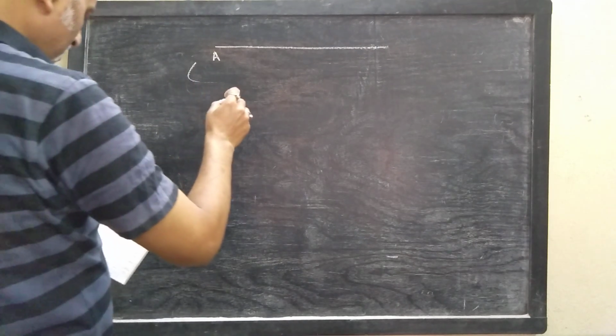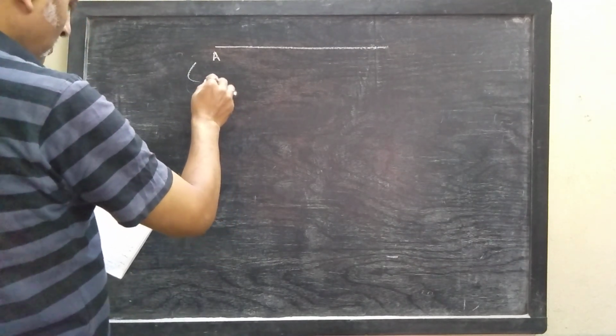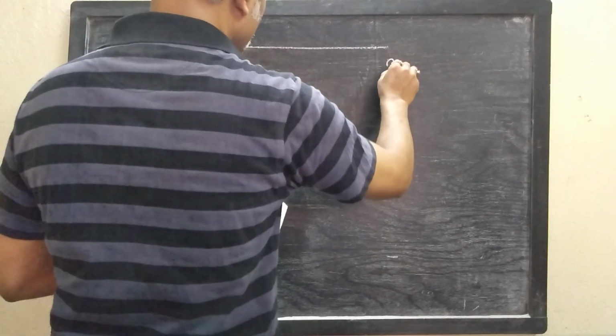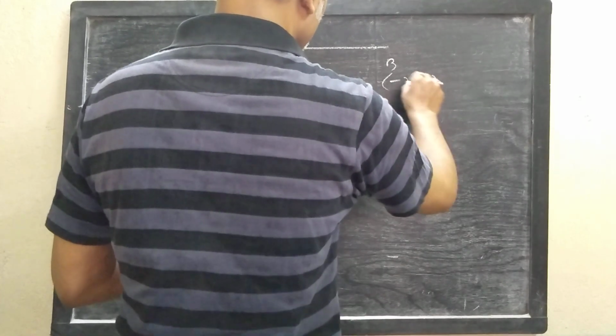Find the ratio in which the point minus 3 comma p divides the line segment joining the points. Here also a line segment is specified, whose end points have coordinates minus 5 comma minus 4 and minus 2 comma 3.